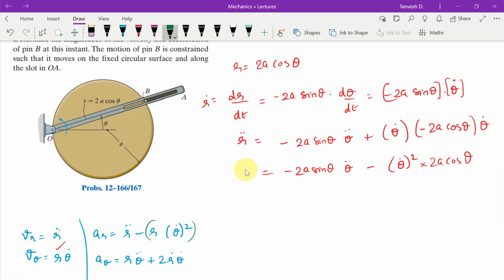So when theta equals pi by 4, r is equal to 2a cos pi by 4, which is root 2a.